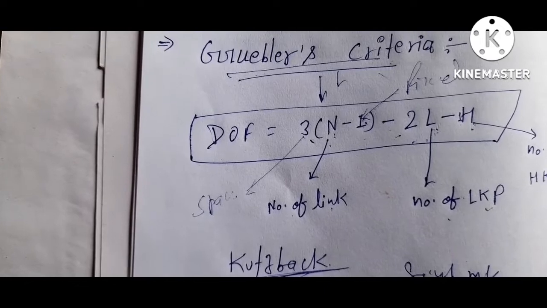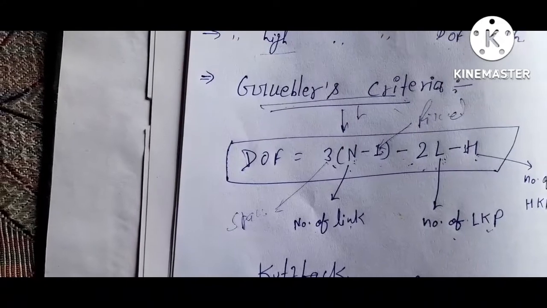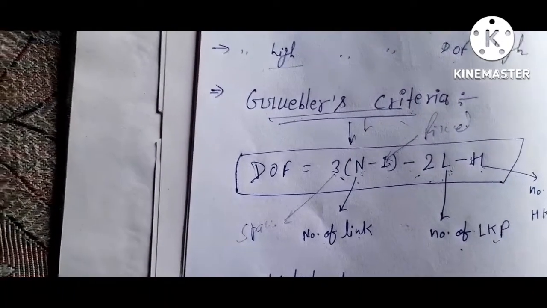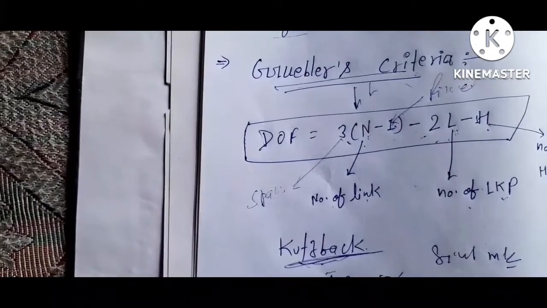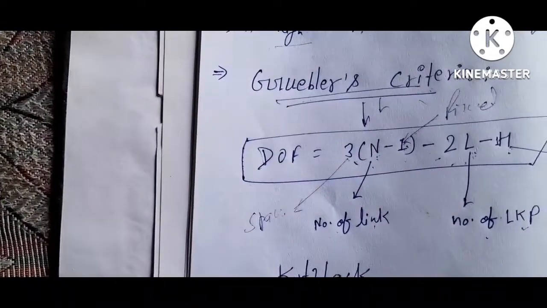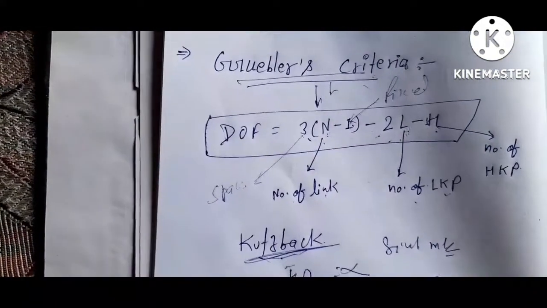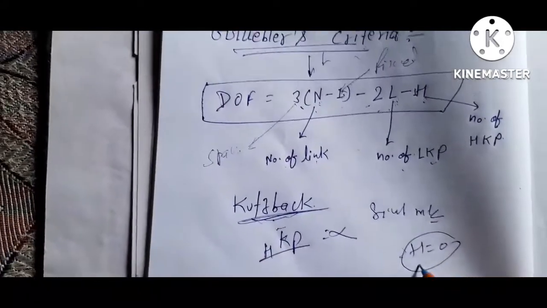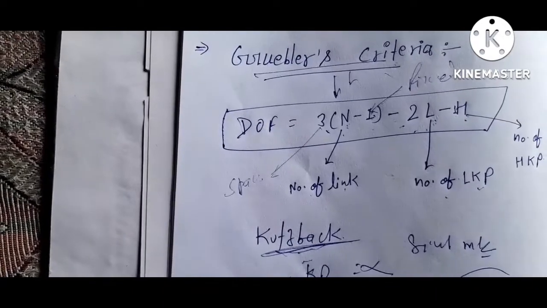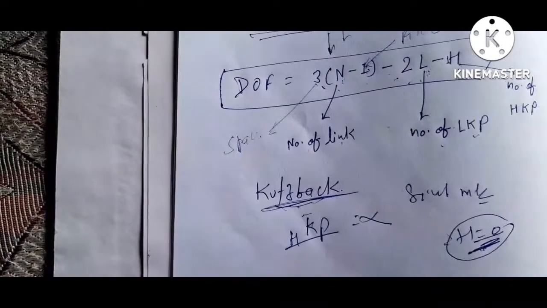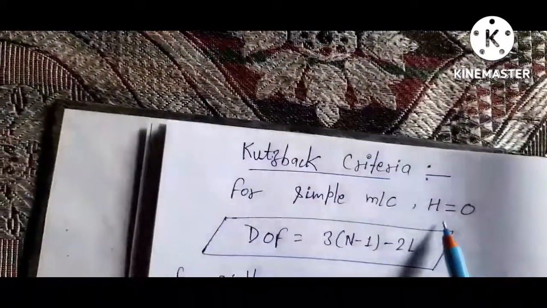So according to Kutzbach criteria, for a simple machine it is assumed that there is no higher kinematic pair. So in Kutzbach criteria this formula becomes simple, and h equals 0, because in this criteria controlling a higher kinematic pair is very difficult. So h equals 0 is assumed here.